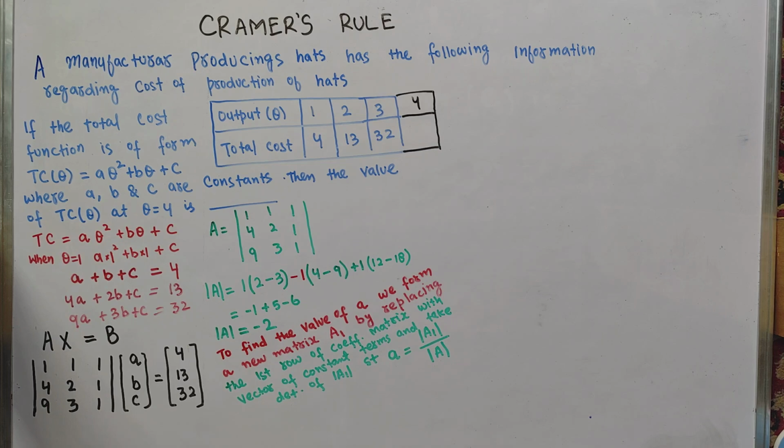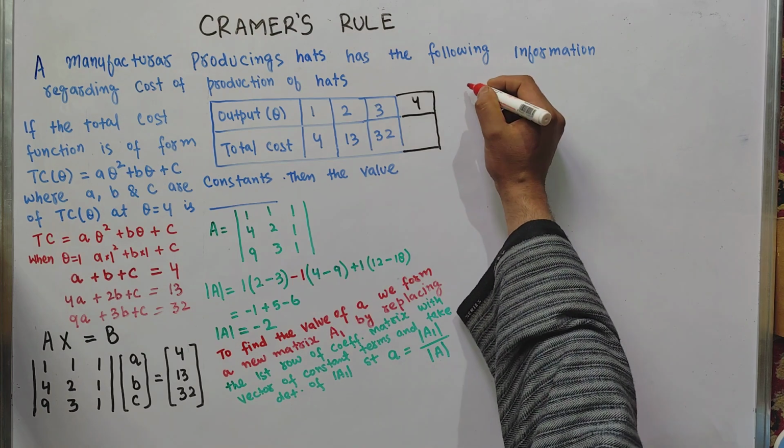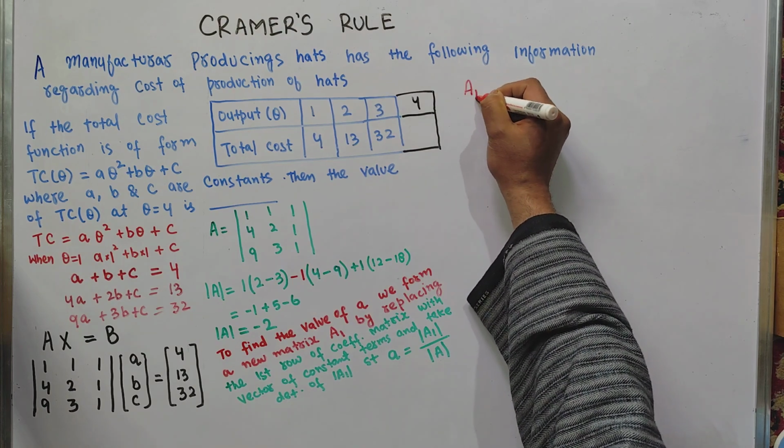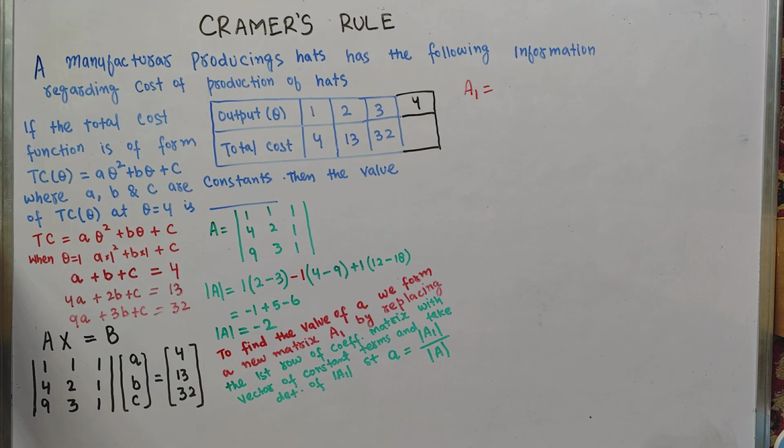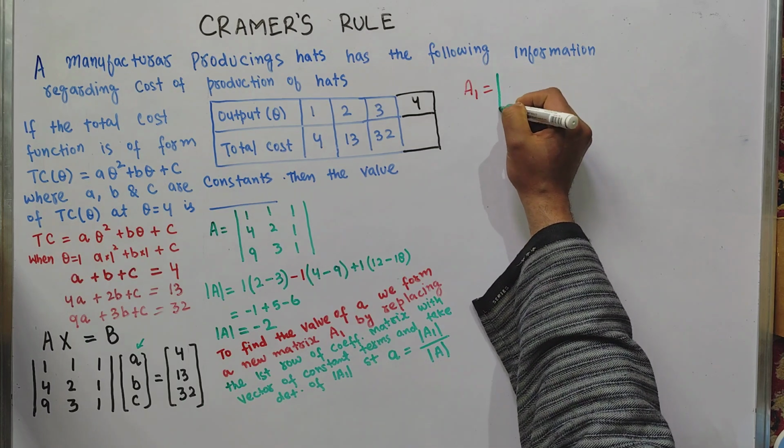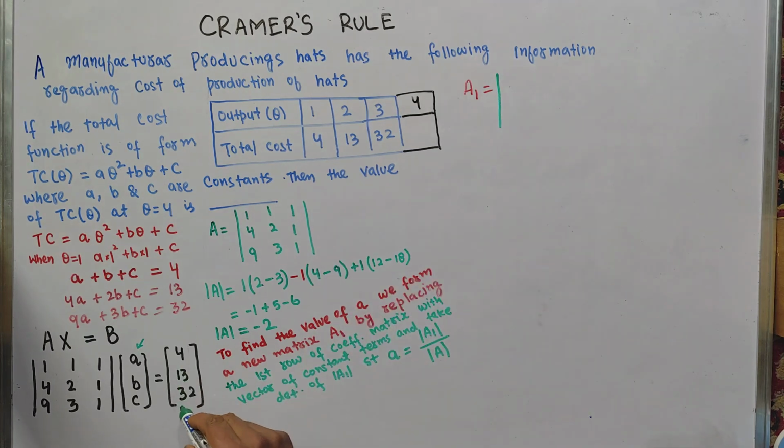Now how do we find A1? A1 will be our new matrix, formed by replacing, to find the value of A, the first column of the coefficient matrix with the vector of constant terms. So we will have 4, 13 and 32.